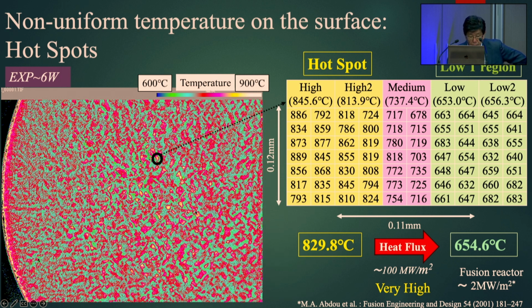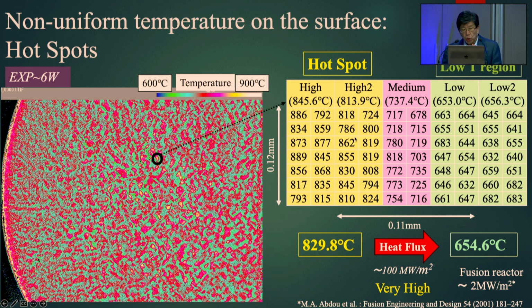These are the raw data for the hot spot region, where we can see very high temperature, while the low temperature region is just over 600 degrees centigrade. So a very high temperature gradient exists.